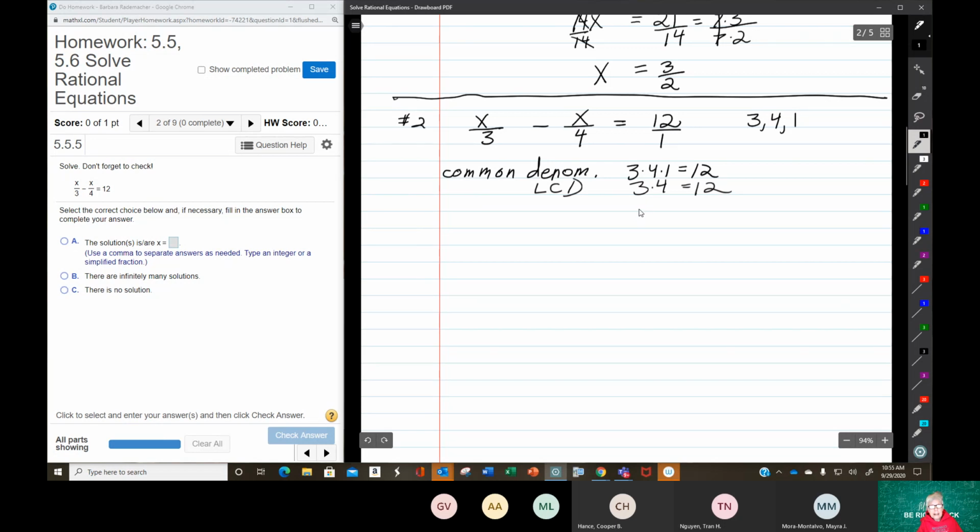This is one of those cases where the LCD and the CD are exactly the same.